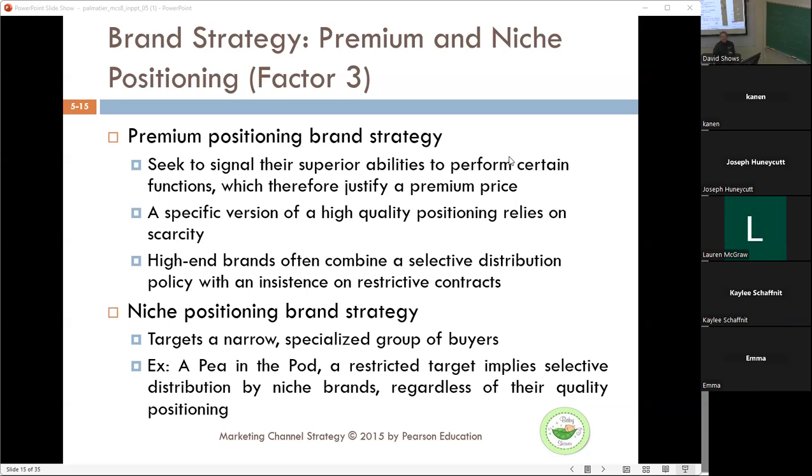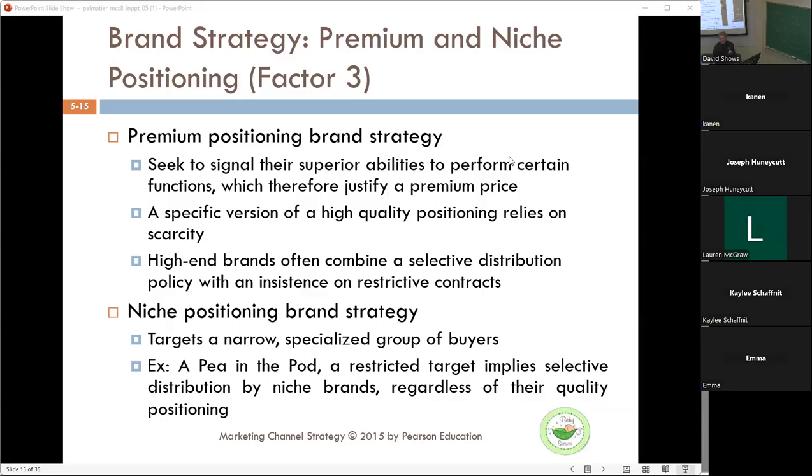And realize that scarcity is a big positioning statement for high quality. They deliberately withhold it because of the expectation that if a good is unique, it is also rare. It is a heuristic that we as human beings use.